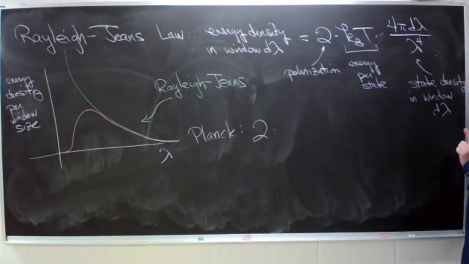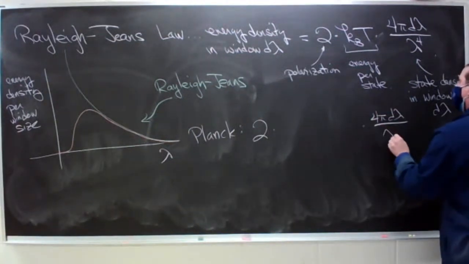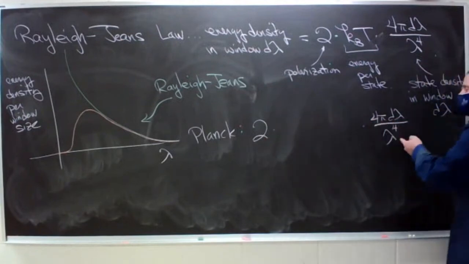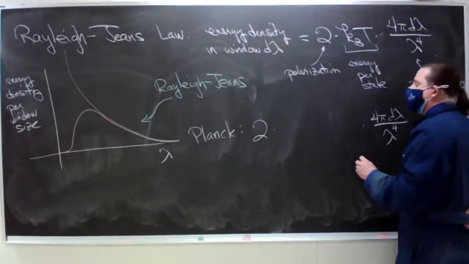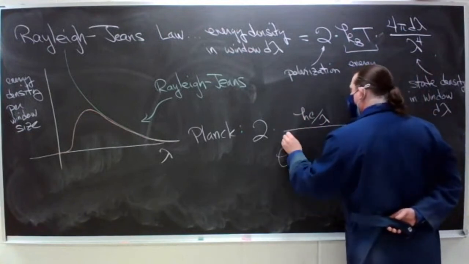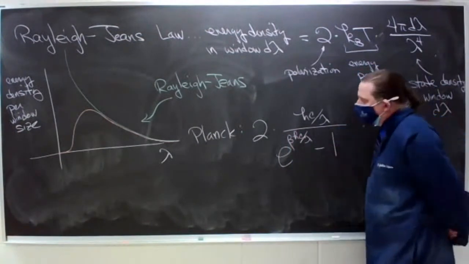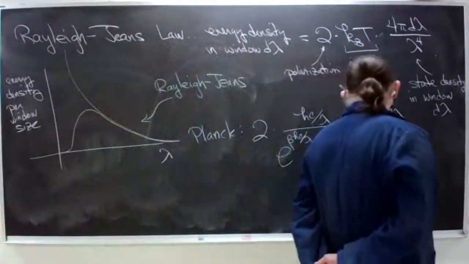I'm going to write it exactly the same way. All right? These two pieces can be left unchanged. But this middle piece has a striking difference in character from the classical result.